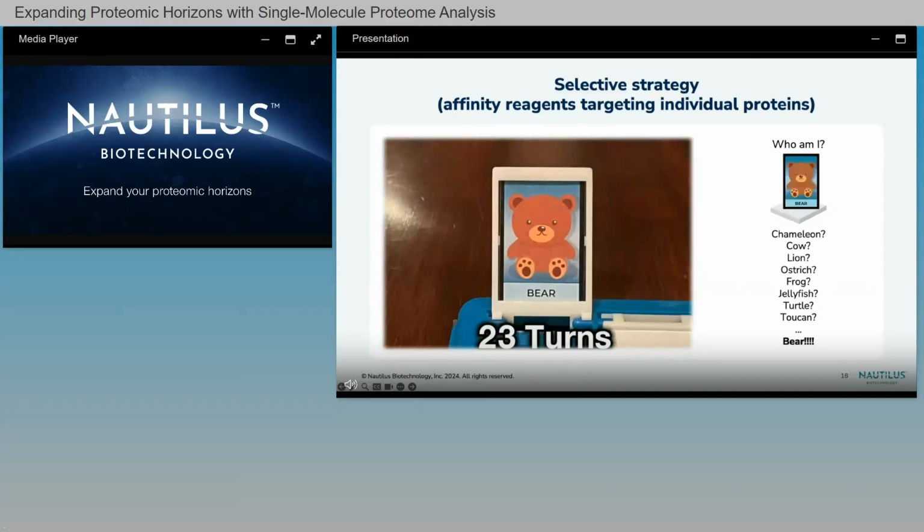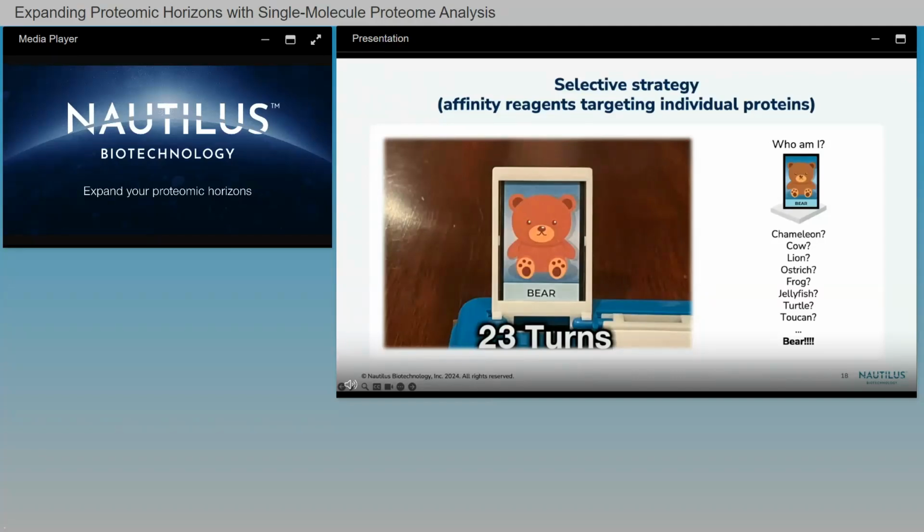And to ask an individual question for every single protein in the proteome would take A, a very large number of questions, and B, a very large number of reagents. But there's another way to potentially identify proteins, particularly if you're allowed to interrogate each molecule multiple times.